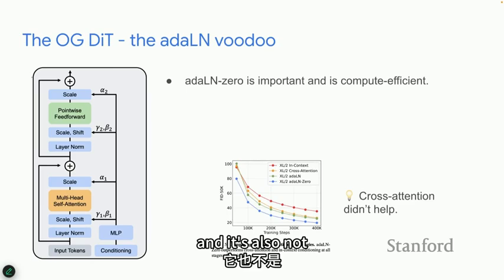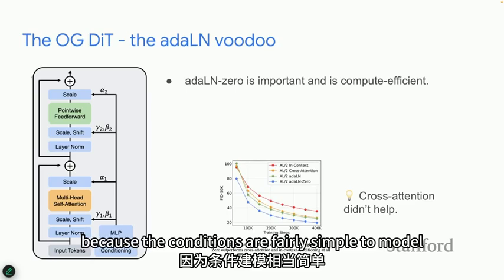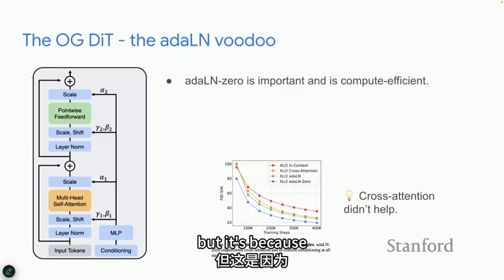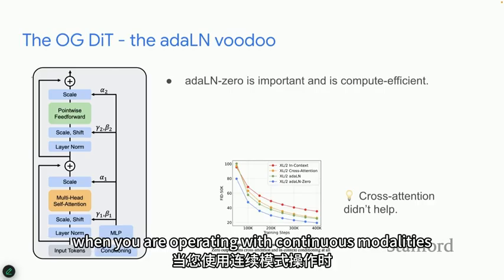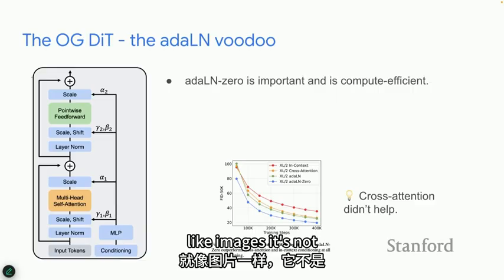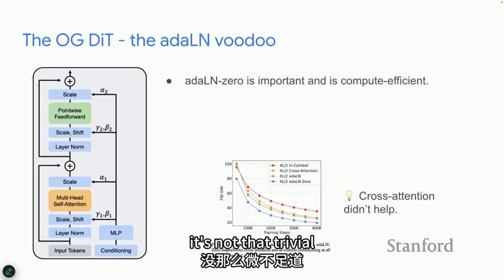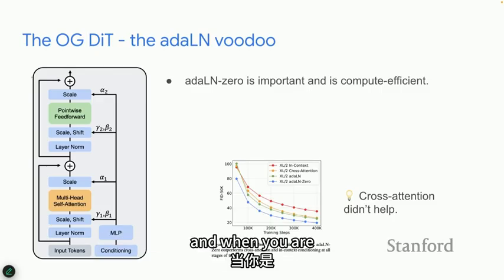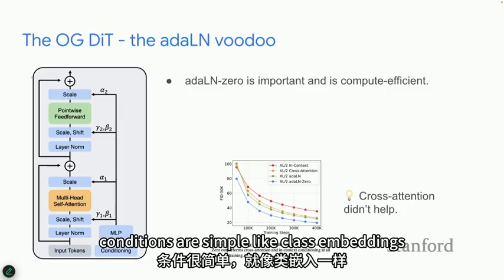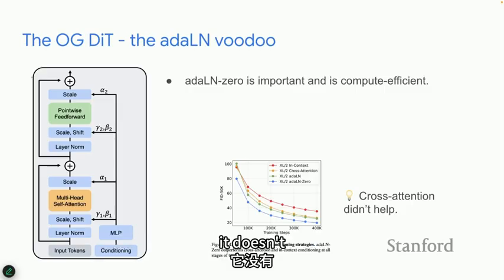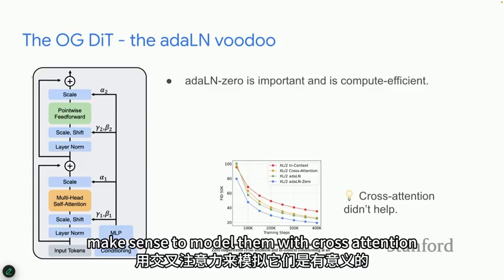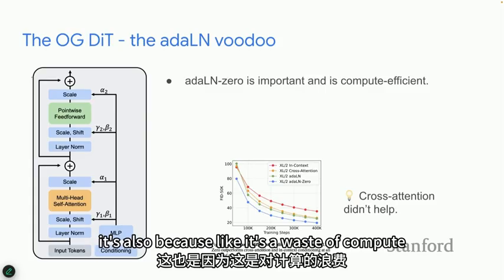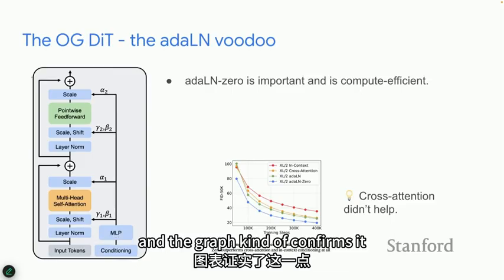And it's also not because the conditions are fairly simple to model, but it's because when you are operating with continuous modalities like images, it's not that trivial to model dependencies with cross attention. And when your conditions are simple like class embeddings, it doesn't make sense to model them with cross attention. It's also because it's a waste of compute, and the graph kind of confirms it.